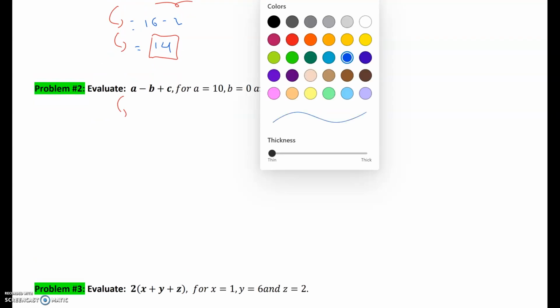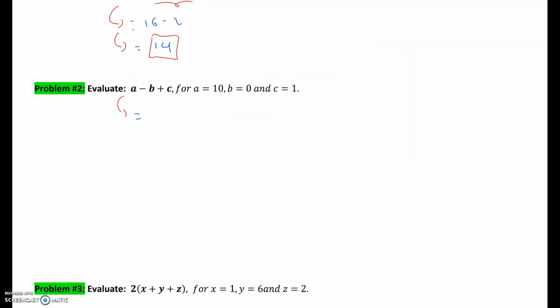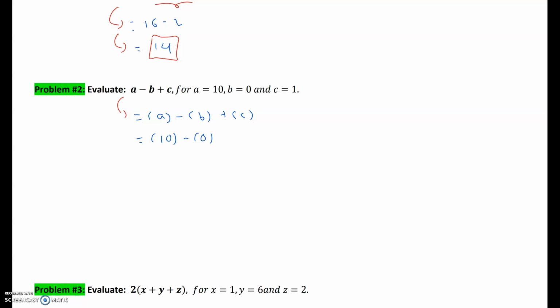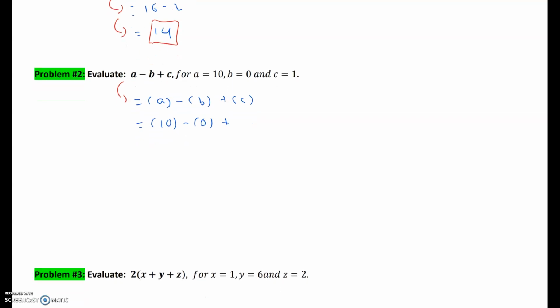I'll put the parentheses. So in this case, this is equivalent to a minus b plus the values of c. And then we're going to plug in the correct value. A is equal to 10 minus, this is 0 for the b's, and c is equal to 1. And then we simplify it as much as possible. No need to really put the parentheses here because there's no other operations.